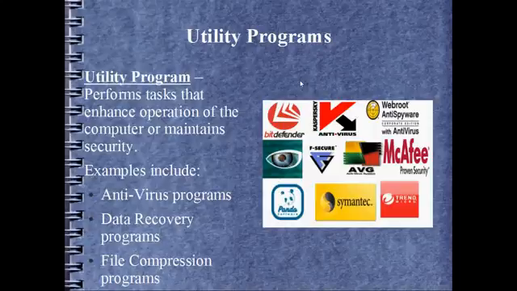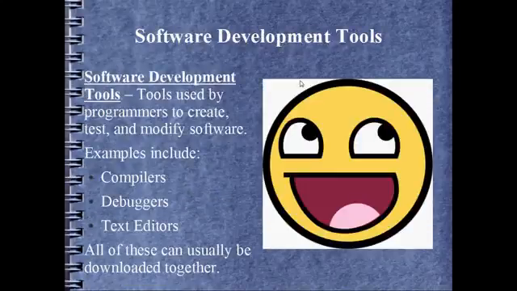They're important as well. They perform tasks to enhance operations or enhance security. Without these, you're going to have one slow computer. Viruses will slow it to the point of a complete crash, and uploading and downloading large files will take forever without file compression programs.